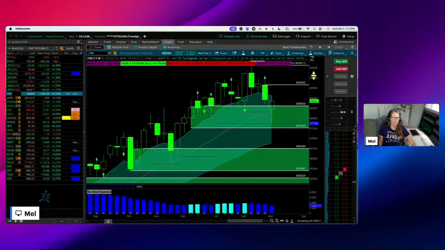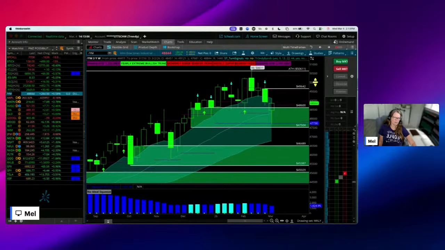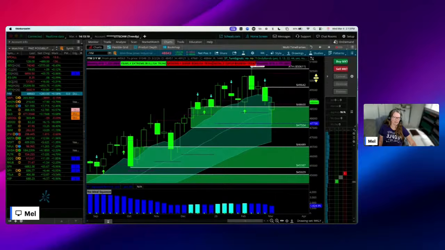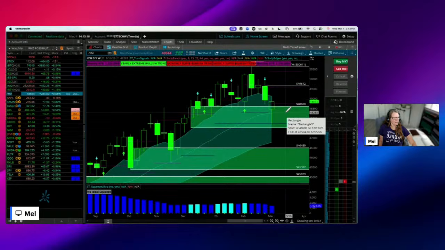You do have resistance or supply up here near 49,642 by the all-time high of 50,611. The zones are pretty close together. And when we have supply and demand close to each other, that is very often when we will see these choppy conditions.